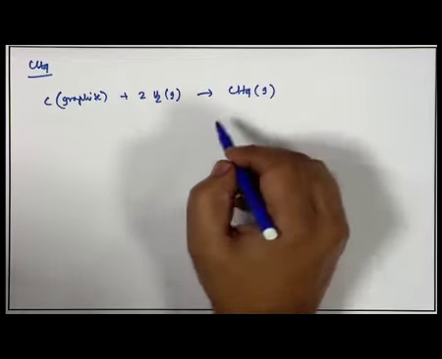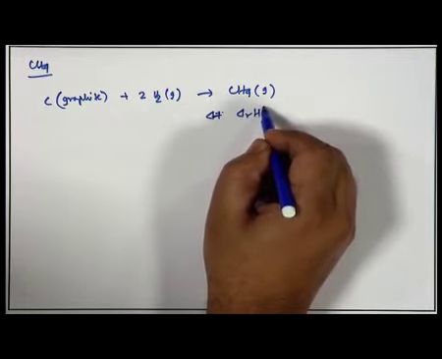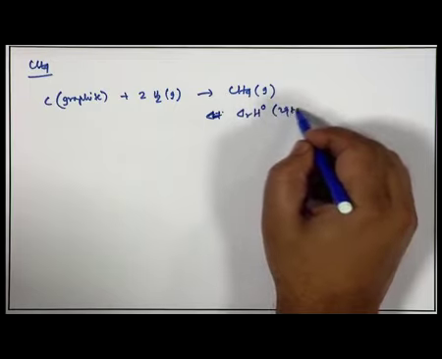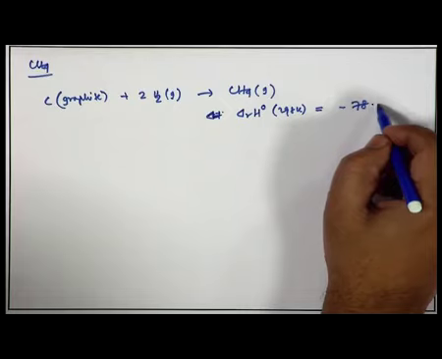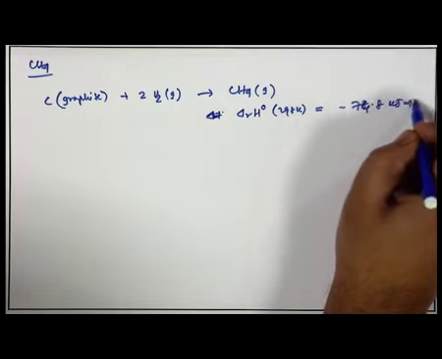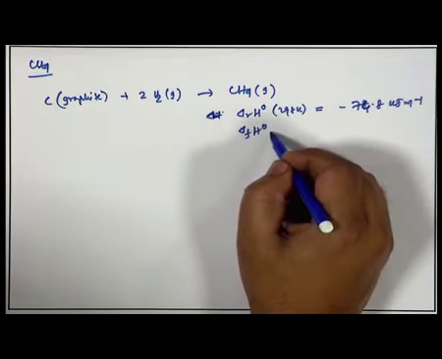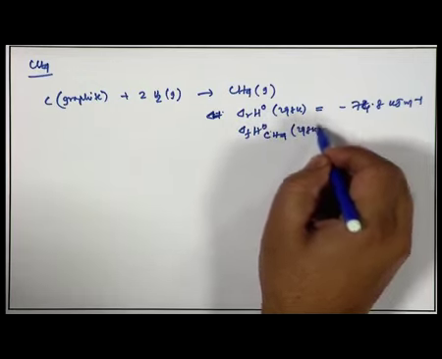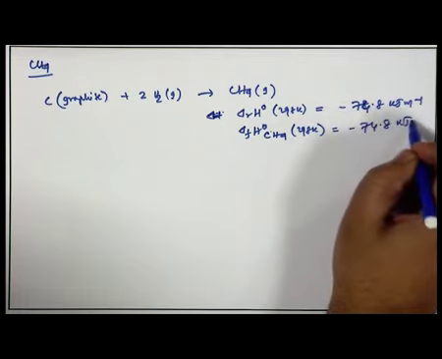So, the heat of reaction for this reaction at 298 K would be equal to minus 74.8 kilojoule per mole. Hence, delta H formation of CH4 at 298 K would be the same, minus 74.8 kilojoule per mole.